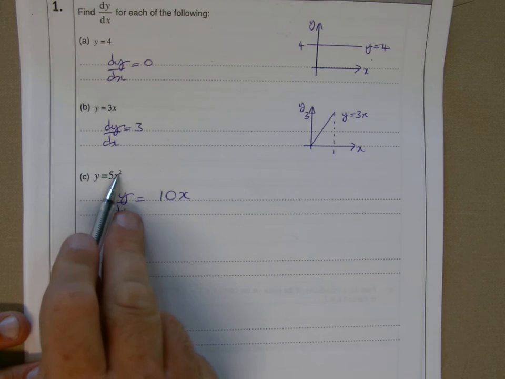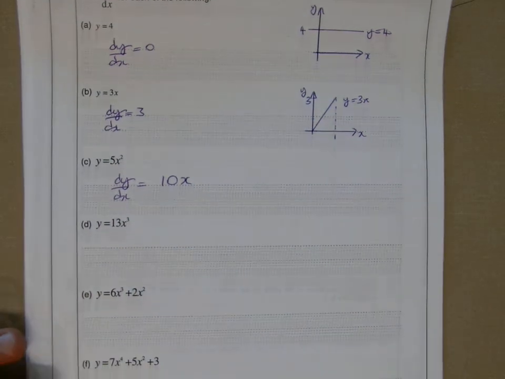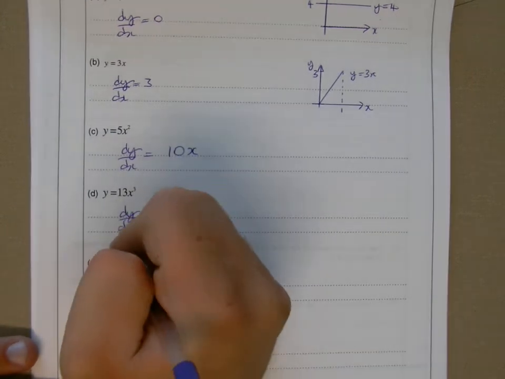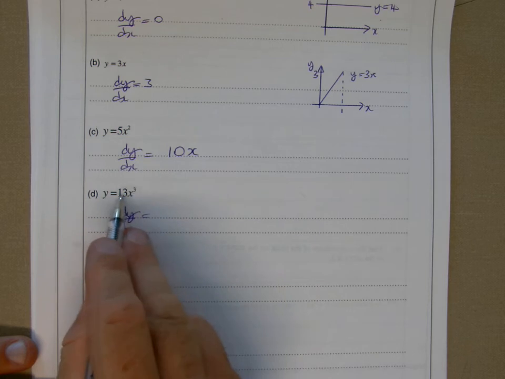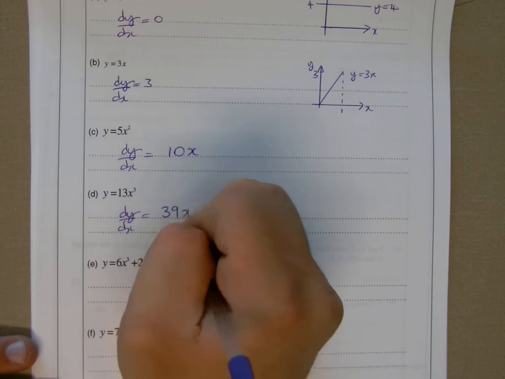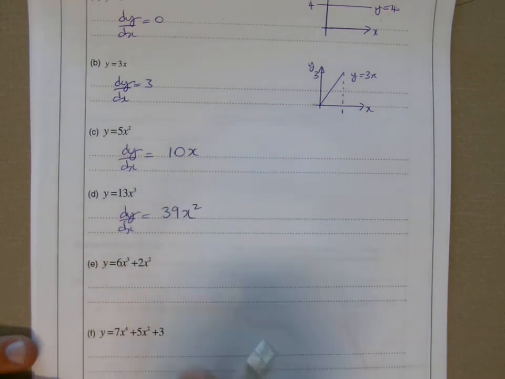Because the power is 2, reducing it by 1 gives power 1, and there's no need to write that. In the next one, bring the power down, because the power is 3, times it by that 13, so you get 39x, and then reduce that power by 1, so cubed becomes squared.